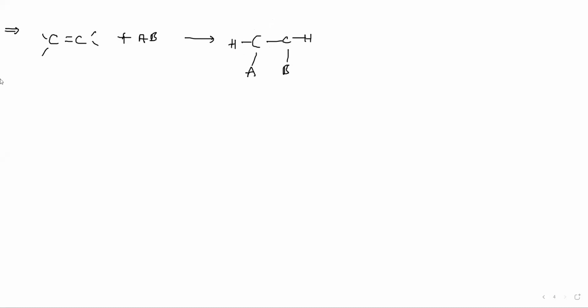How does it happen? Carbon is bonded with carbon. First, this electrophile AB can split. Assuming B is more electronegative than A, it pulls the electrons from A towards B. As a result, A gets positive and B gets negative.